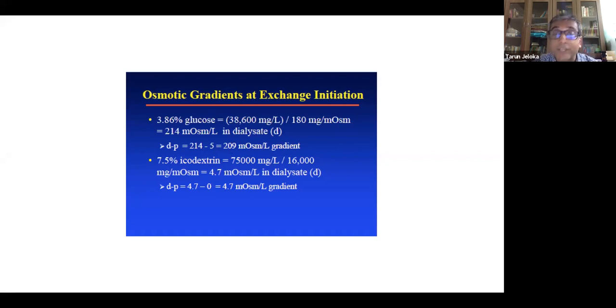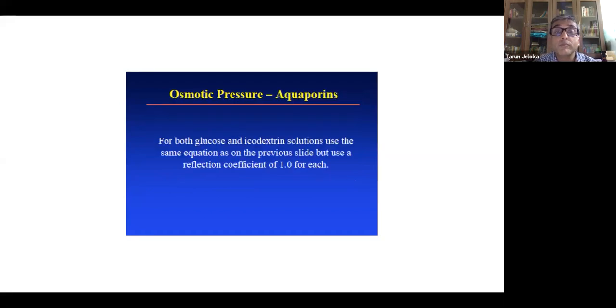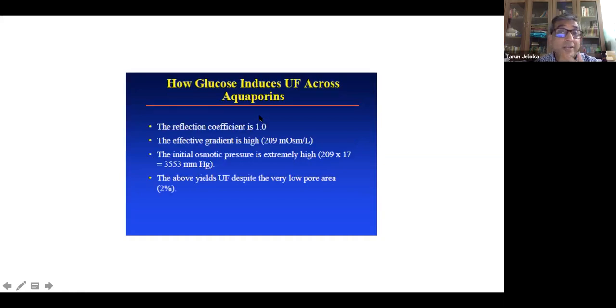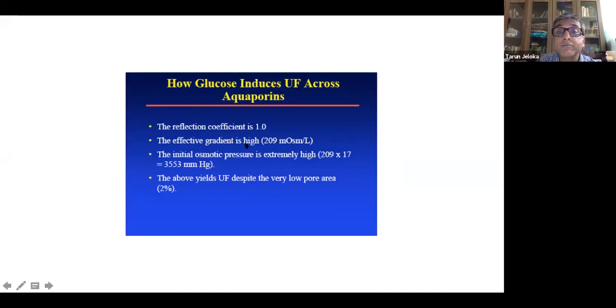So here you will get an explanation of the working of icodextrin in both aquaporins and small pores. For aquaporins, both glucose and icodextrin solutions are used, so let's straight away go to ultrafiltration of these two separately. So glucose, we discussed, reflection coefficient is 1 for aquaporins. The effective gradient we calculated just now is 209 for 4.25.